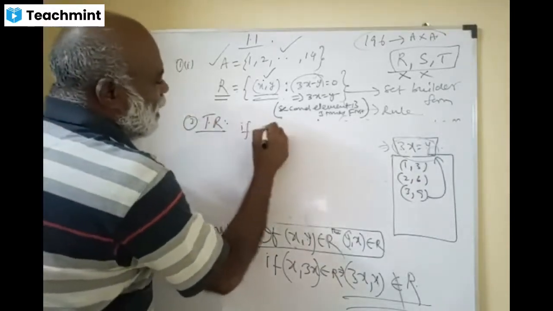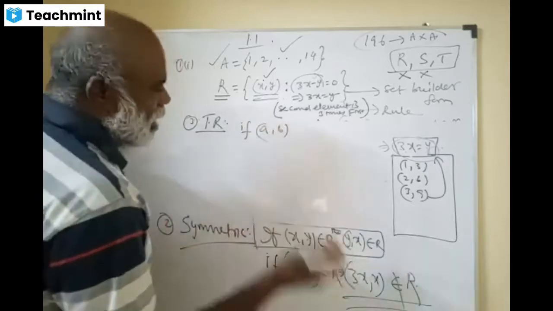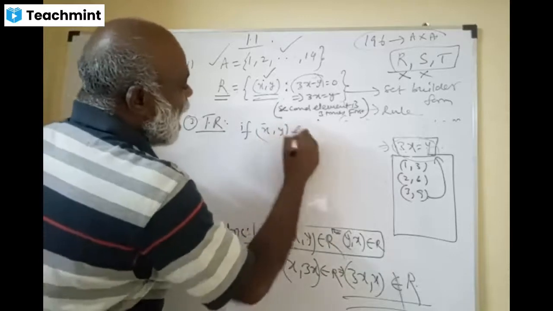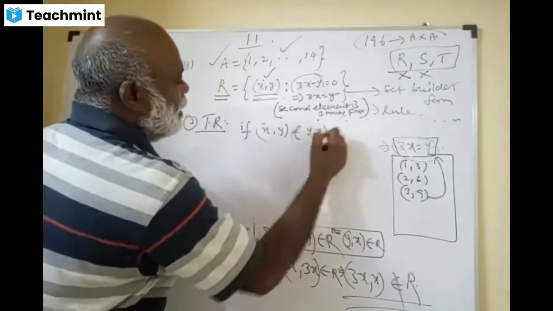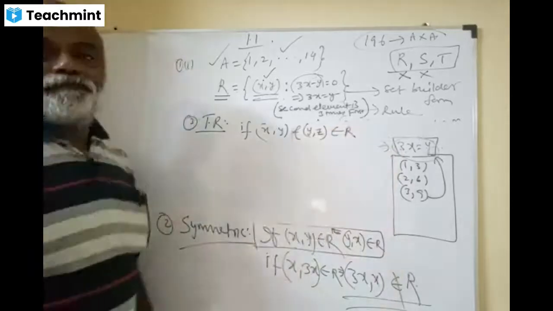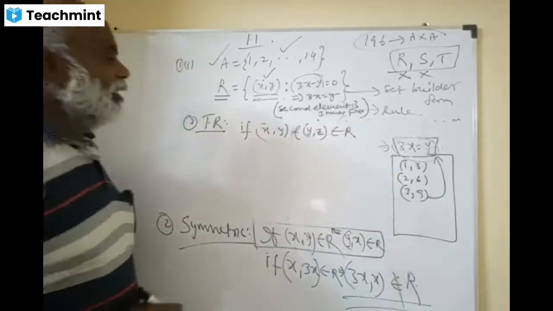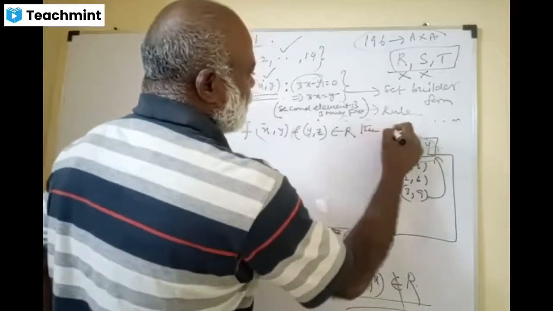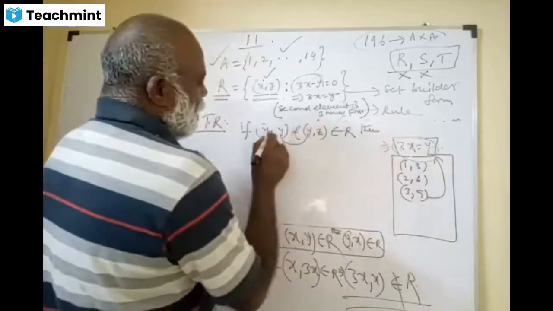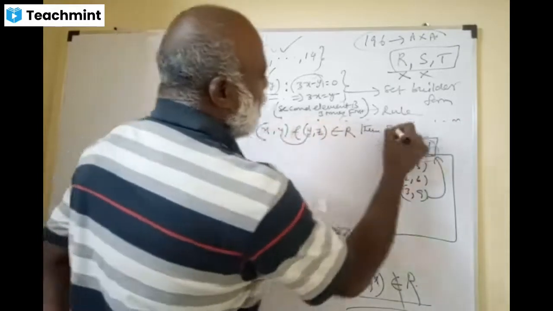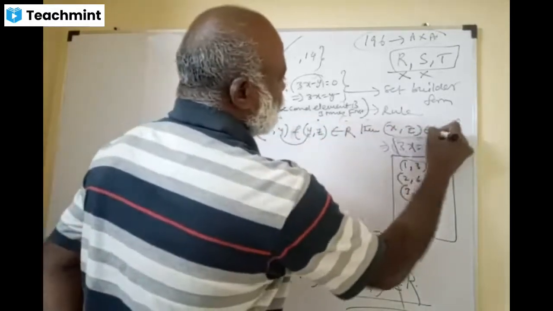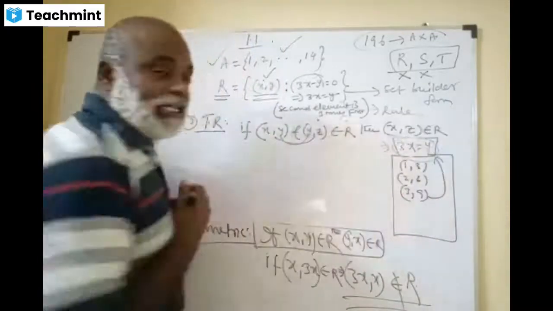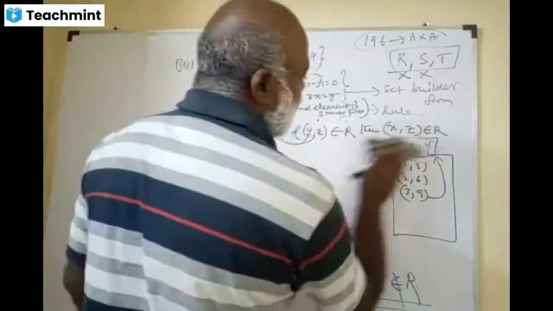If X comma Y and Y comma Z belong to R, then X comma Z must belong to R. Both conditions must be satisfied.